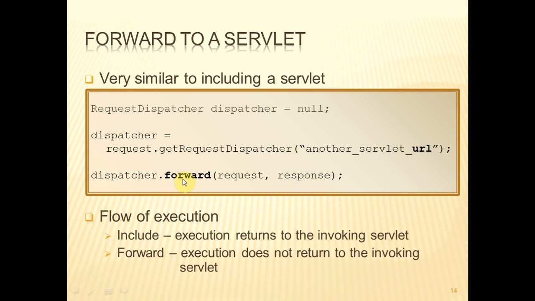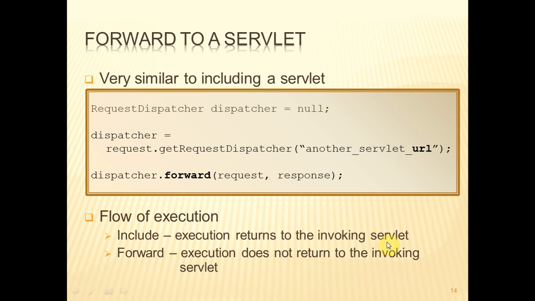So what's the difference? Well, it's all to do with the flow of execution. When we include another servlet, then we're going to halt execution of the invoking servlet and switch execution control to the invoked servlet.